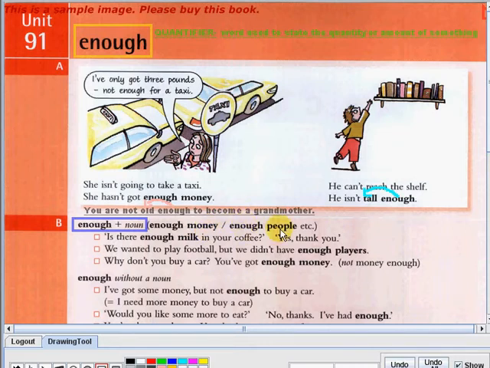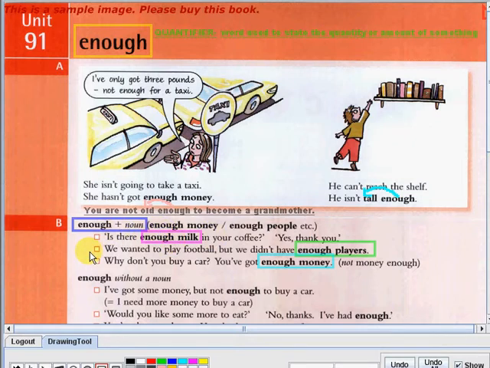In this case, enough stands as a quantifier, because it is used to state quantity or amount of something without stating the actual number. So let's have the sample sentences. For number 1, is there enough milk in your coffee? Yes, thank you. So the word enough here answers how much milk is in the coffee.